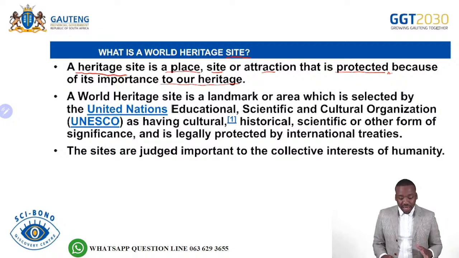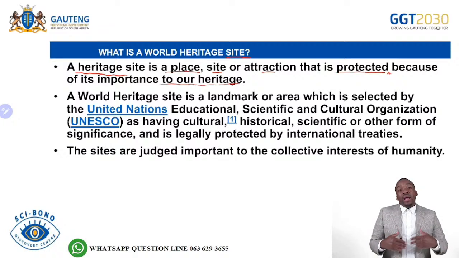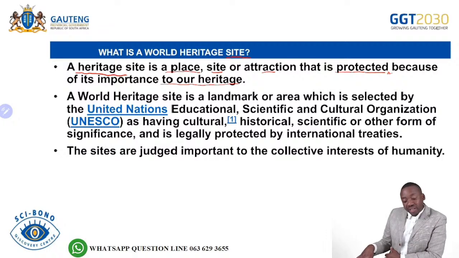So a heritage site is a place or a site or an attraction that is protected because of its importance to our heritage. Meaning, if we do not look after that particular heritage site, in the future our children will not benefit anything.